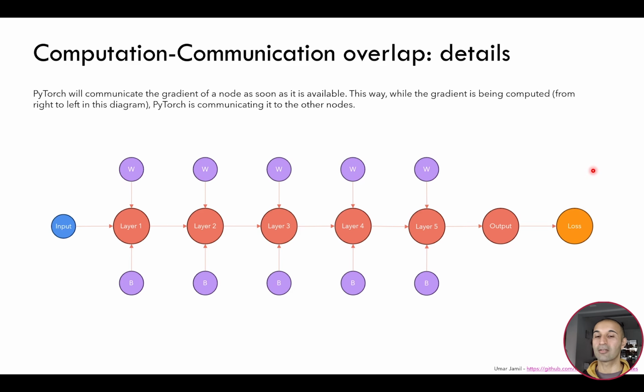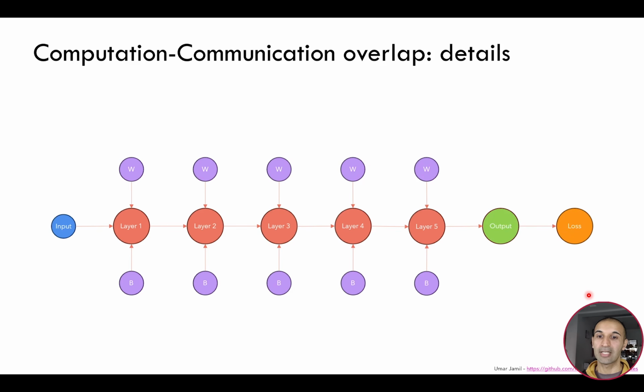But to calculate the gradient of the loss function with respect to each weight, we need to calculate the gradient of the loss function with respect to the intermediate nodes. So for example, first we compute the gradient of the loss function with respect to the output, then with respect to the weights of this layer here, which are the weights and the bias. But these are already available, so we can already send them to the other nodes and get back the cumulative one. So this can already be done as an all reduce operation.